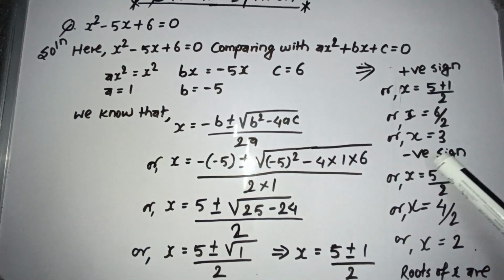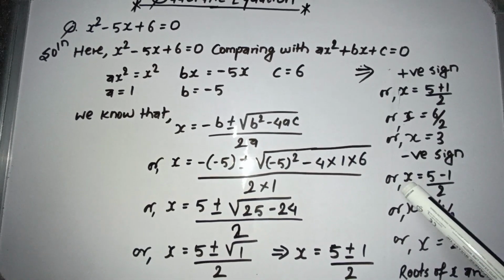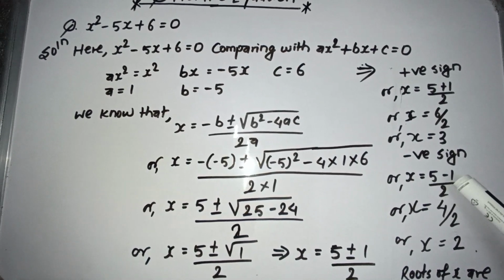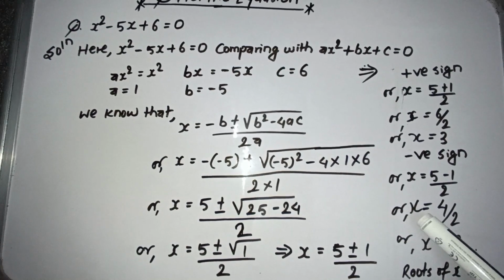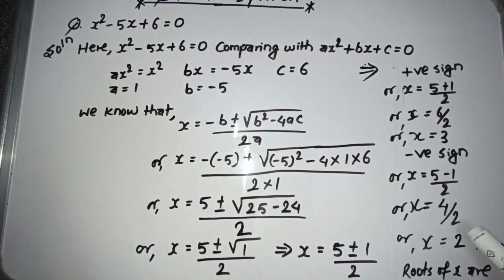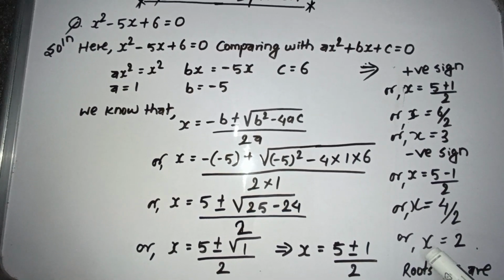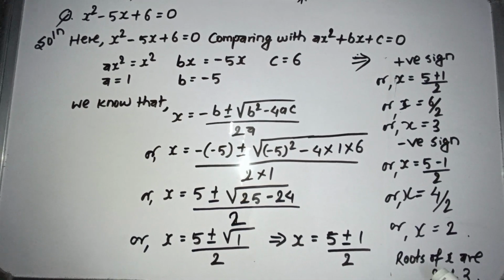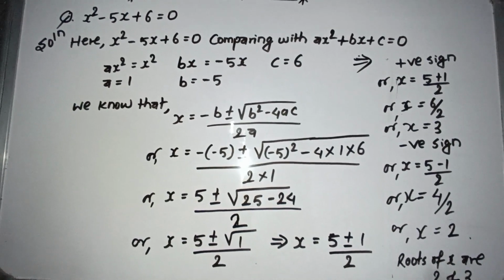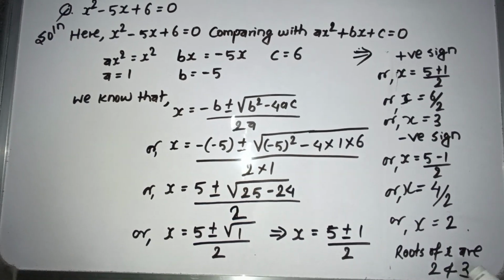If we take negative sign, that is minus, then x is equals to 5 minus 1 divided by 2, or x is equals to 4 divided by 2, and finally x is equals to 2. Here roots of x are 2 and 3.